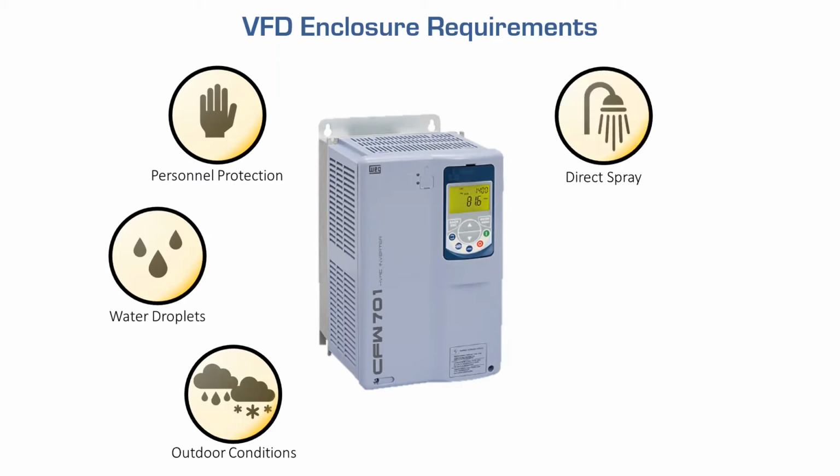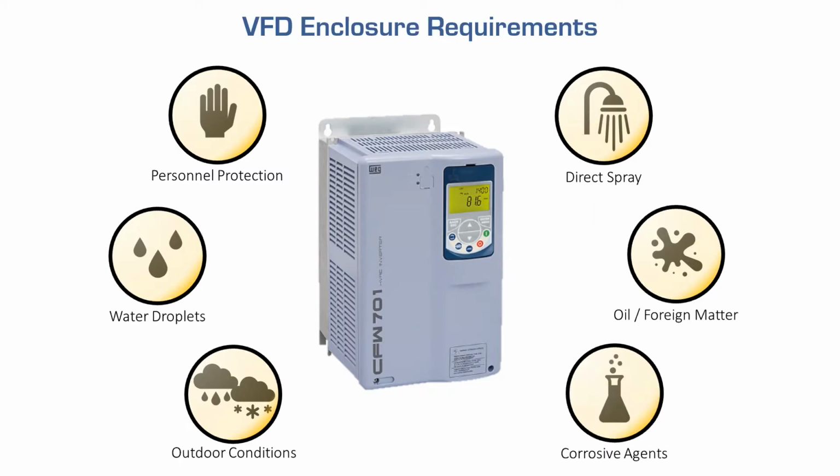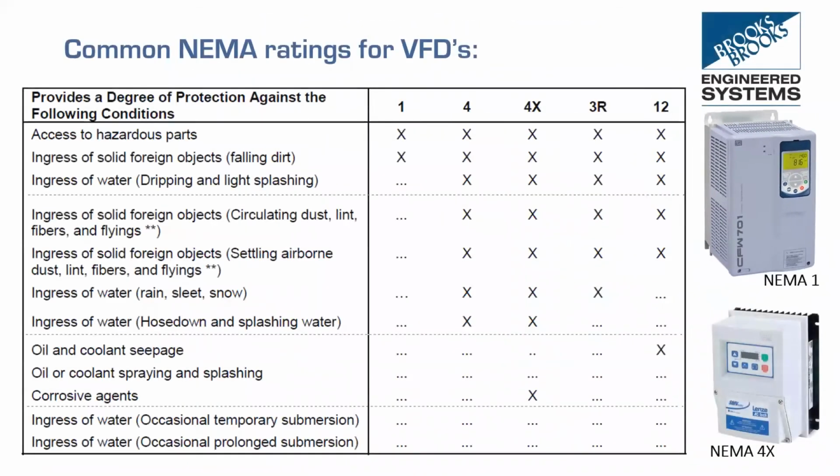Maybe in a spray application, the VFD or the controls could be subject to some direct spray, or oil, foreign matter, dust, and obviously corrosive. The outer portion of the VFD, the protective case, has to be selected as well. So, Adrian, I'll let you take it away with the NEMAs here.